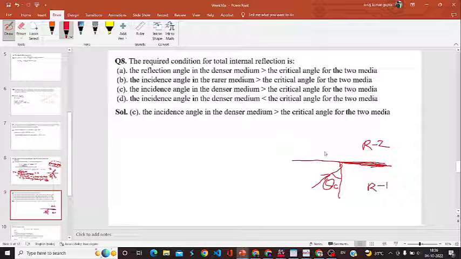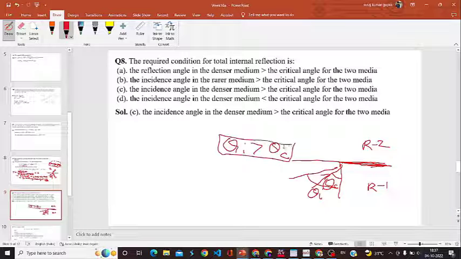So if we want whatever wave is incident to be totally reflected inside region 1, then the incident angle theta I should be greater than theta c, the critical angle.